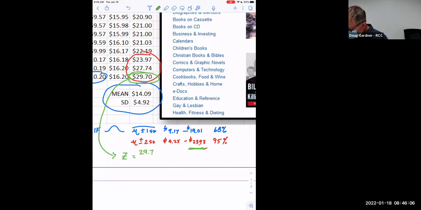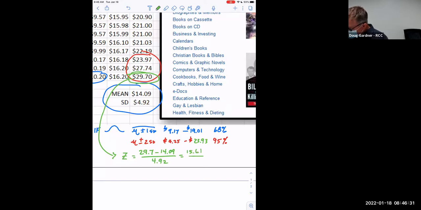So the formula: your score, the number that you're interested in, minus the mean, divided by the standard deviation. I did hear the right answer out there, but I'm just giving people time to think. When you subtract those on the top, you get 15.61.